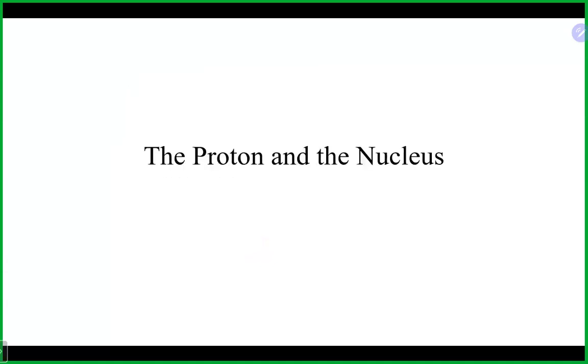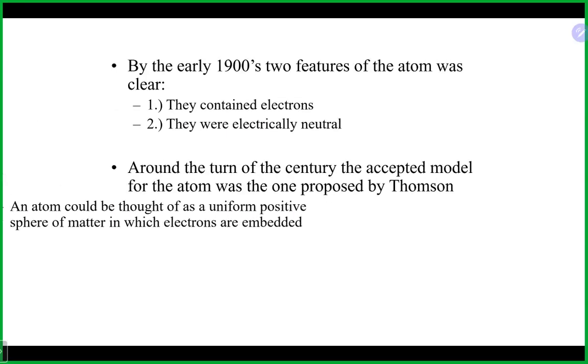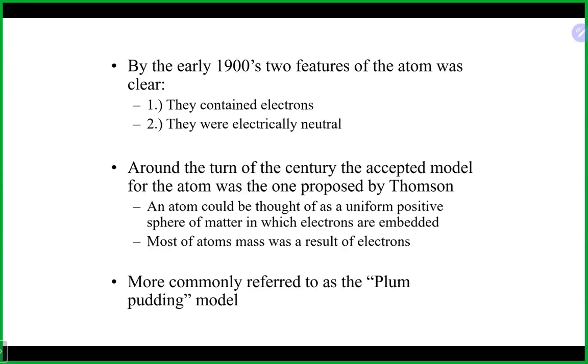Now, that moves us to some of the other subatomic particles that we have in the atom, and we're going to turn to the proton and actually the nucleus as well. A lot of features of the atom were understood as a result of these early experiments.